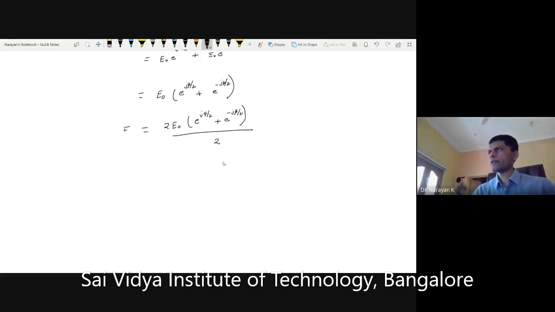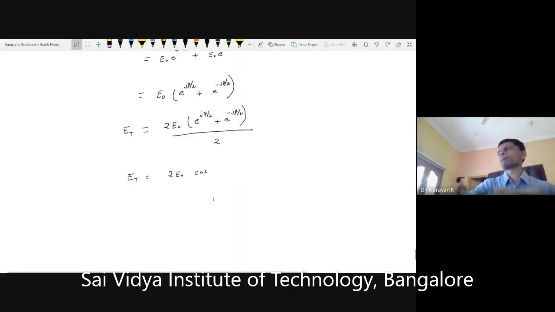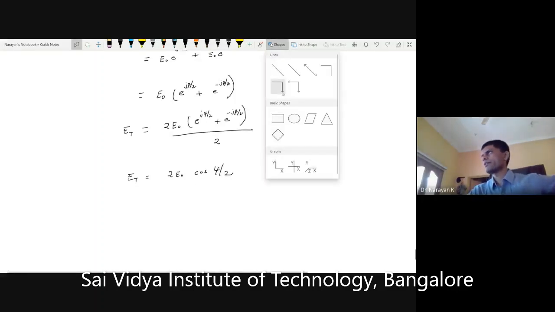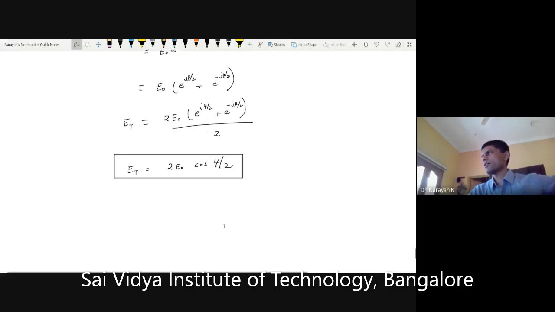So your total electric field Et will be nothing but 2 E naught cos of psi by 2. This is your derivation for your total electric field when the reference point is taken at the center of the array.